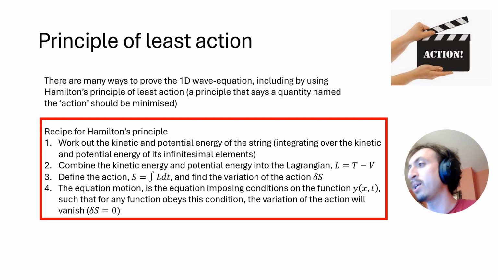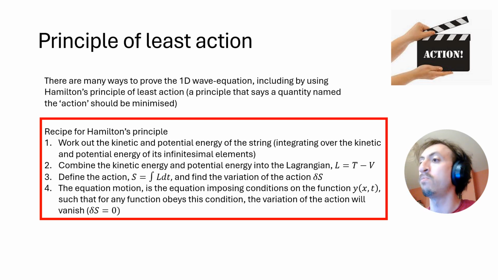But using ideas in integration, we can add up the effects of all these infinitesimal segments of the string to get the overall kinetic and potential energies, and thus to get the Lagrangian.